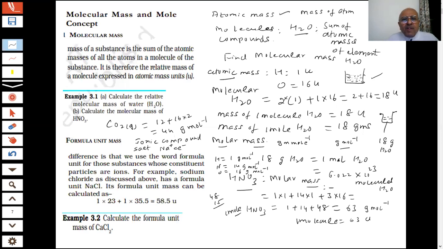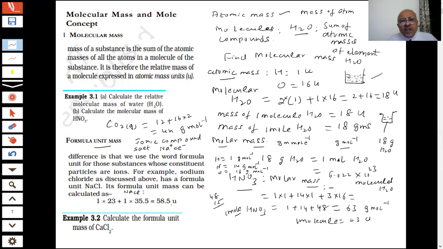And in that case, we will find the formula unit mass, in which we add the atomic mass of sodium and chlorine to find this value. For example, for NaCl, student, if I have to find the mass of NaCl, sodium is 23.1 and chlorine is 35.5.